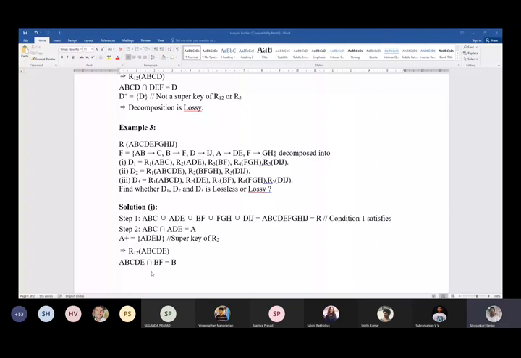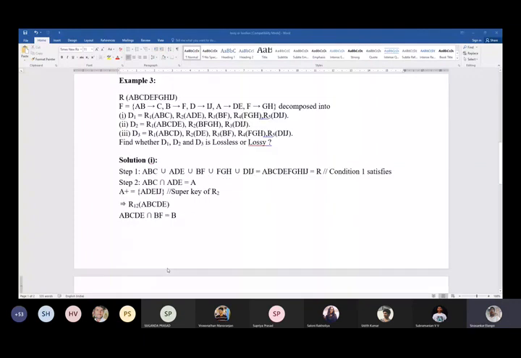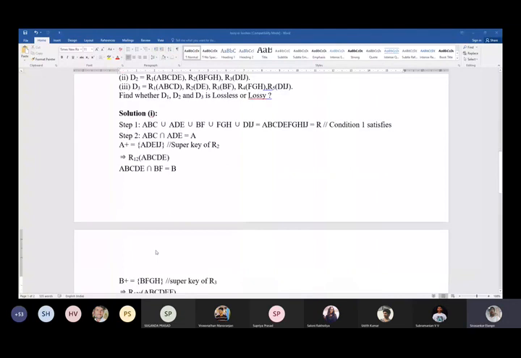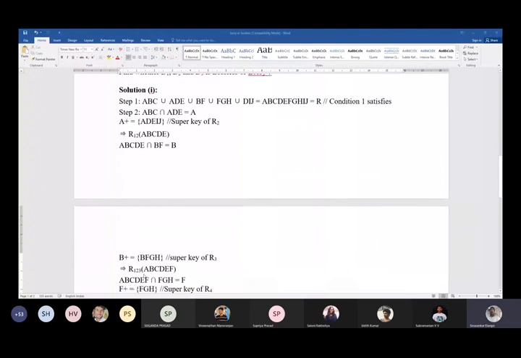So ABCDE intersection BF gives you B. B closure is going to be BFGH, which is going to be the super key of R3, right? So you are going to combine the relations R12 and R3, right? So you have R13, a relation with the attributes A, B, C, D, E, F, right?